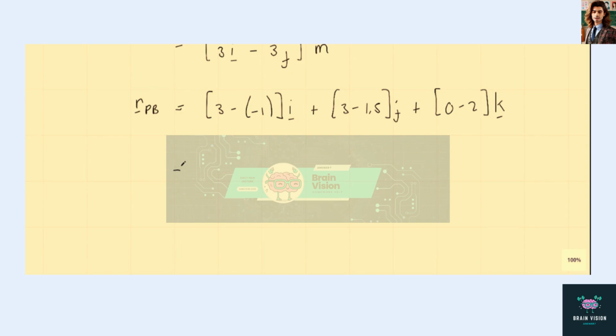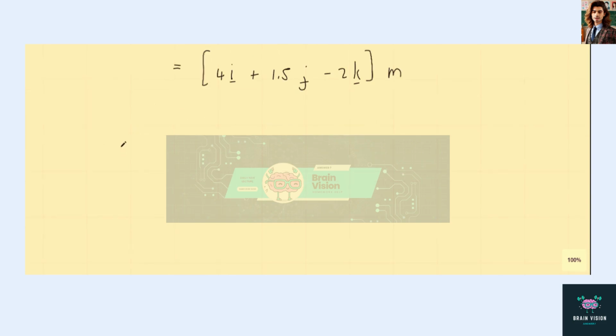And so our r_PB simplifies to 4i plus 1.5j minus 2k, also in meters.